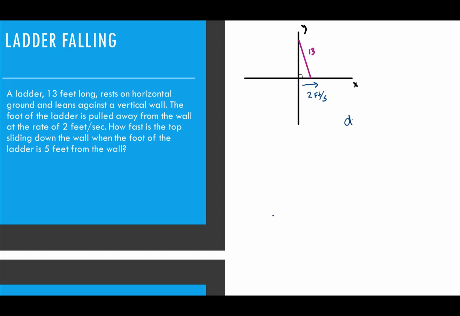Let's just say that the change in x with respect to time is equal to 2. Let's put it in feet per second. Okay, we have our first rate. You can always tell because it's going to have division by time, right? Miles per hour, feet per second, meters per second.